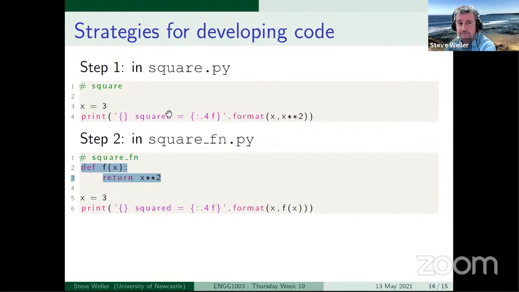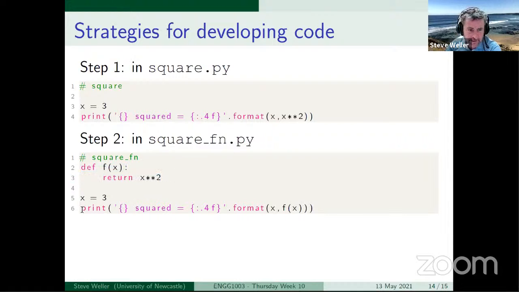So these two scripts, separate scripts in steps 1 and 2, they both perform the same action. They both take an integer and print the integer and its squared value to the screen, to the console, I should say. The difference is that step 2 has the functionality implemented as a Python function.